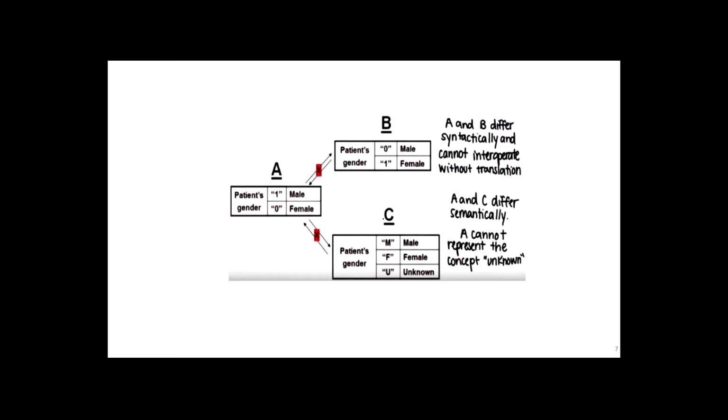So A and C, Pender and New Hanover, differ semantically. New Hanover can't represent the concept of the unknown. They don't have it. So those are two different ways that information could be a problem. They could be syntactically different or semantically different.